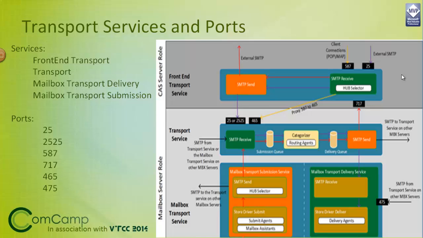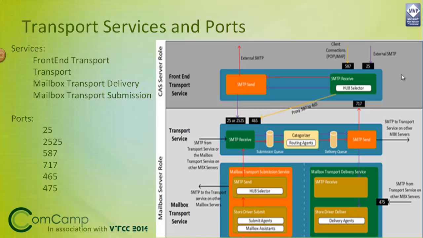The mailbox transport delivery service receives SMTP message from transport service on the local server or on other mailbox server and connects to the local mailbox database using Exchange Remote Procedure Call (RPC) to deliver the message.